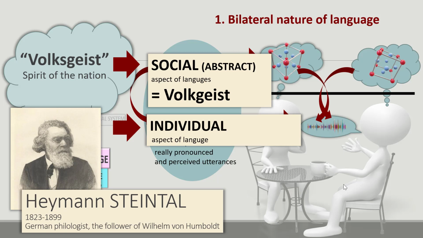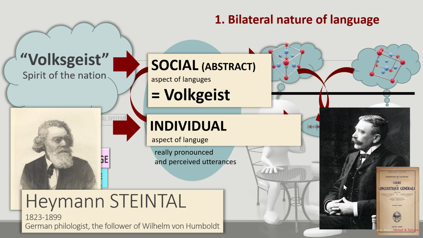This mental, social part of languages belongs to Volksgeist. Saussure borrowed this idea about the dual nature of languages from Steinthal and developed it further without sticking to the too vague and philosophical term Volksgeist.